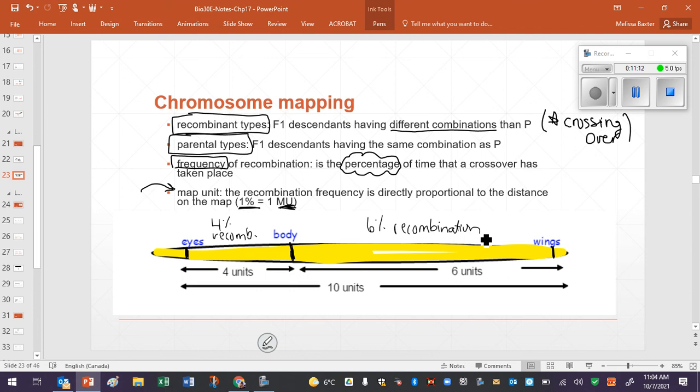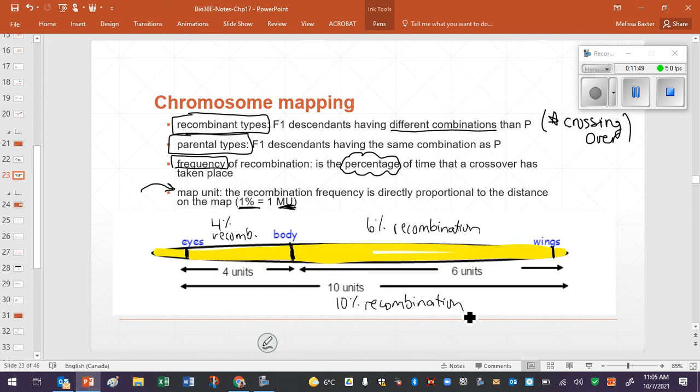Now the other thing that's on the map is 10. Even if I hadn't told you that there were 10 units between the gene for eyes and the gene for wings, you should be able to interpret that because you know how far apart the other genes are. So even if I hadn't told you, you should be able to tell me that based on this, there should be 10% recombination between the gene for eyes and gene for wings because there was 4 and 6 between the other 2.